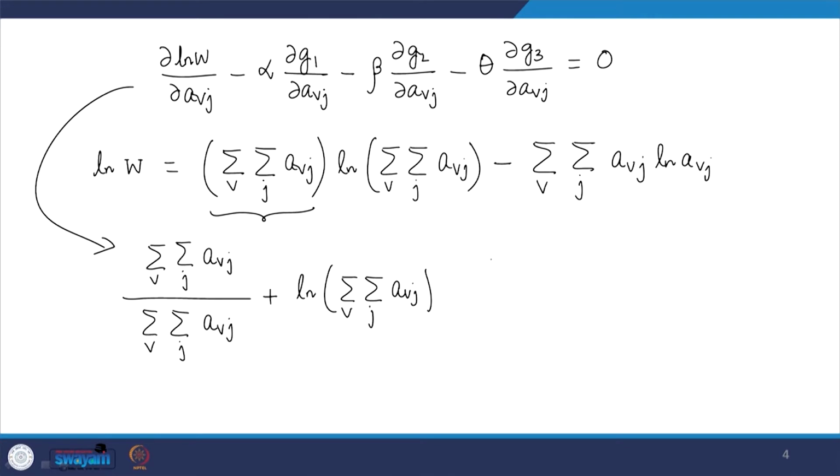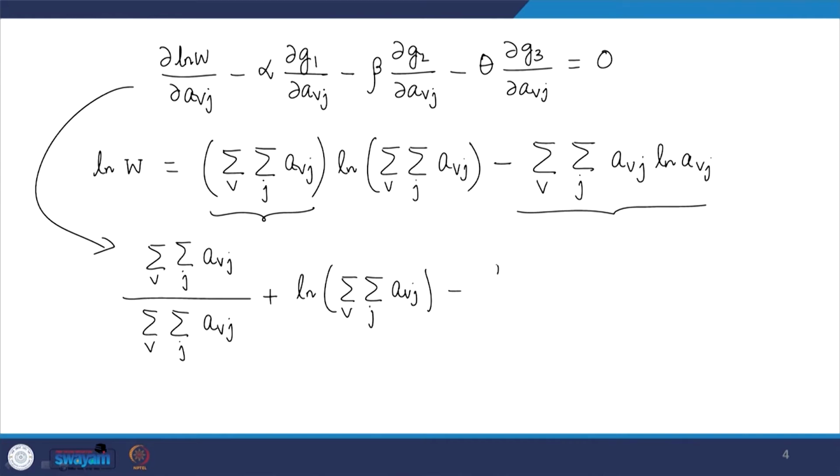Similarly, for the second term, the derivative will apply on only one particular term for a particular value of V and J, and therefore, we will have A_VJ by A_VJ minus ln A_VJ, and then we have these three terms.